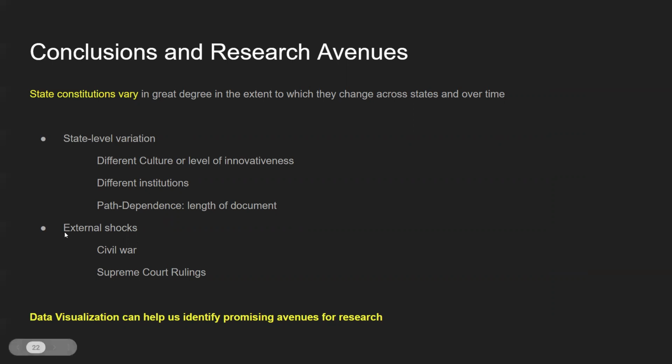But we also saw that potentially external shocks like the Civil War could also be driving this change. Finally, data visualization proved really useful to help us identify promising avenues for research and promising research questions in this area. Thank you.